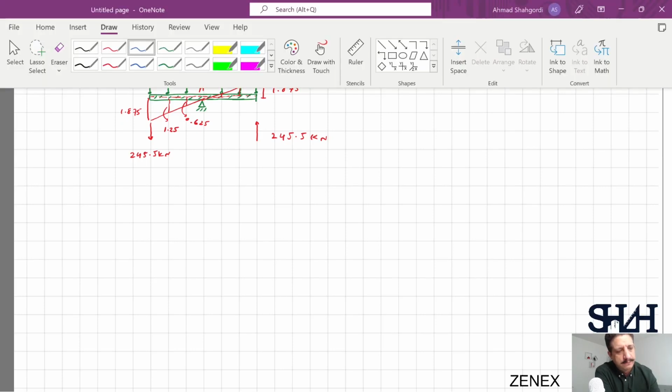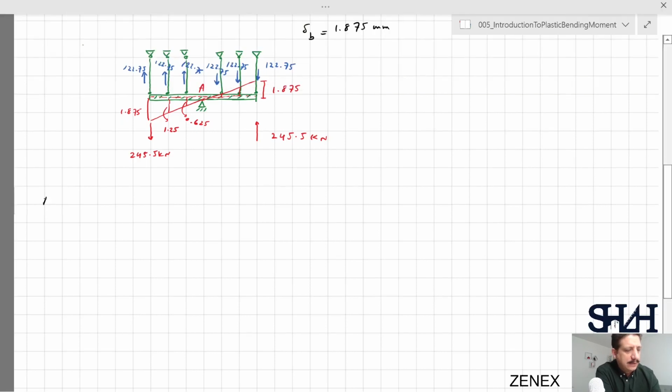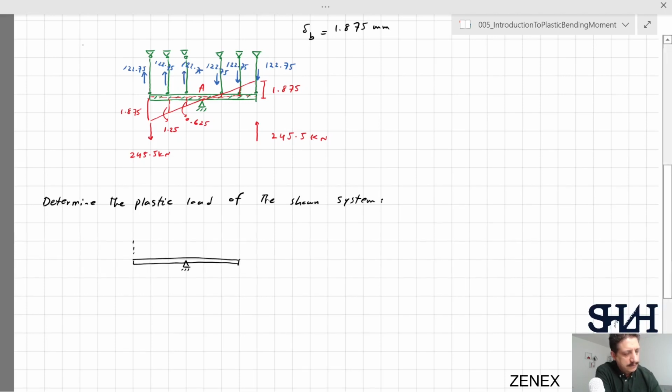For example, if we are assigned to determine the plastic load of the shown system with the given information, and assume this is exactly the same question, but we are not going to calculate step by step. So you have 3 rods in the left, 3 rods in the right, and you are going to calculate what is P plastic.